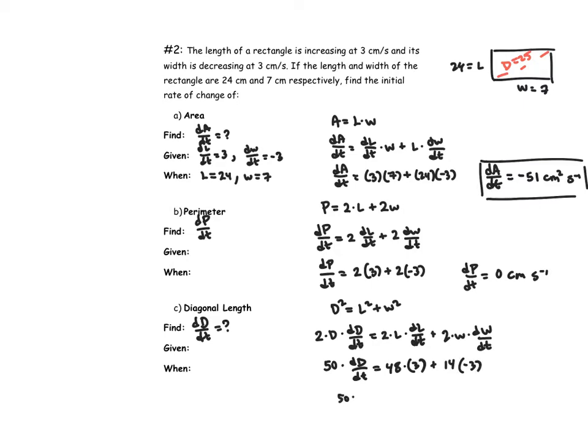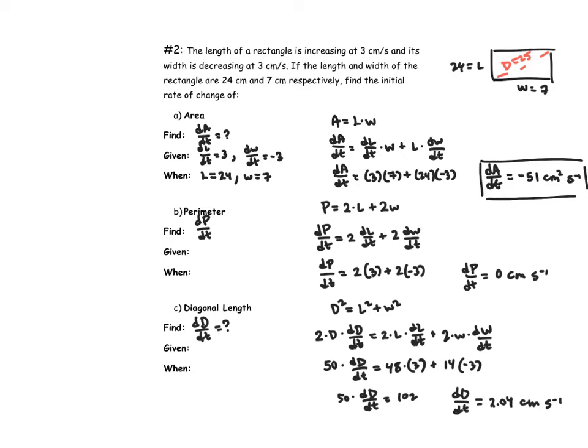So I would get 50 dD/dt equals 102. That tells me that dD/dt would be 102 over 50, which is 2.04 centimeters per second. So the diagonal length is increasing at 2.04 centimeters per second.